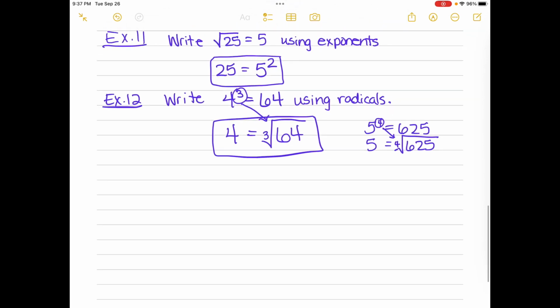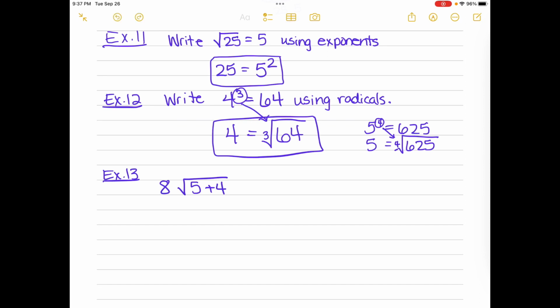Okay, next one. Example 13. Now we're going to do some more math in here. We're going to do 8 times the square root of 5 plus 4. Anytime you have a number right next to something and you don't know what to do, that means times.